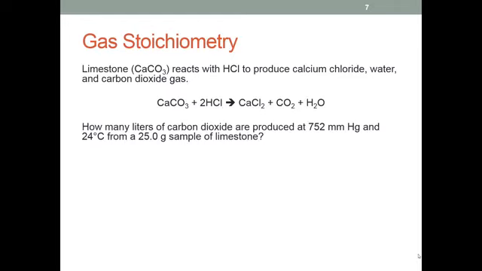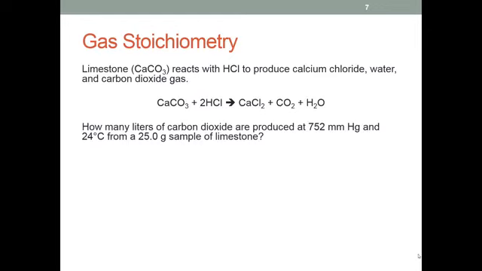In this case, you will notice that our pressure is in millimeters of mercury, not in atmospheres. This problem is solved using a different value for R, the gas constant, because of the different unit on our pressure. In other words, because the pressure is not in atmospheres.